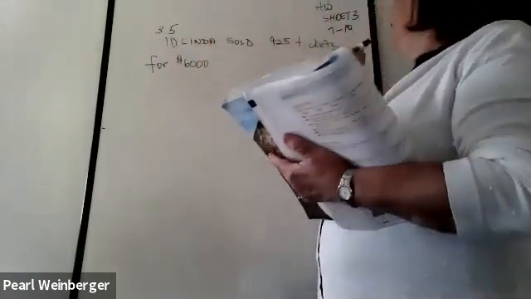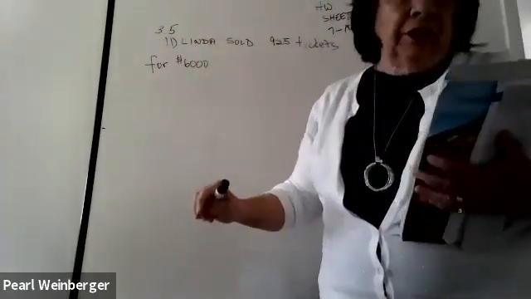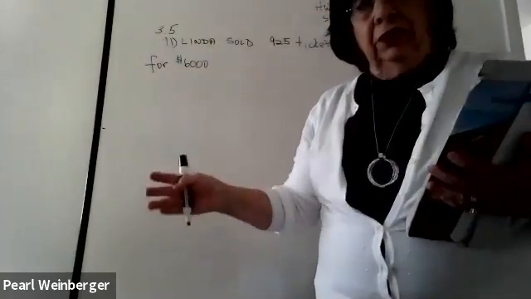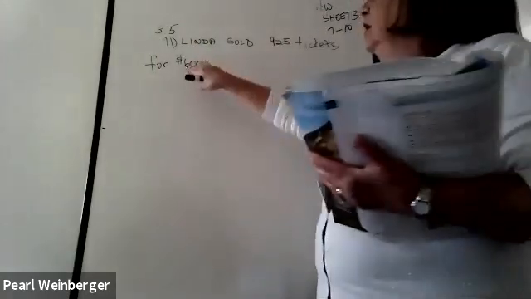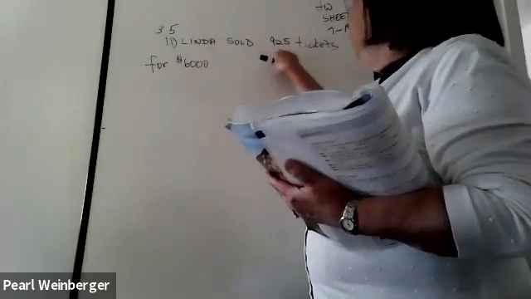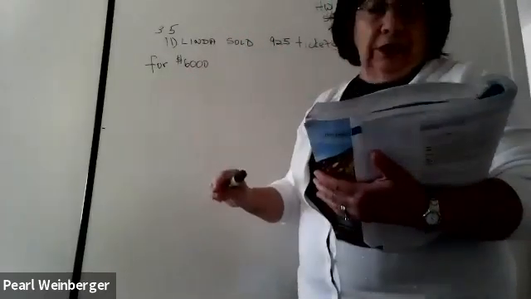Well, I didn't put in for the concert. It doesn't matter what the tickets were for. She sold tickets for some event. She sold 925 of these tickets, and she got $6,000.